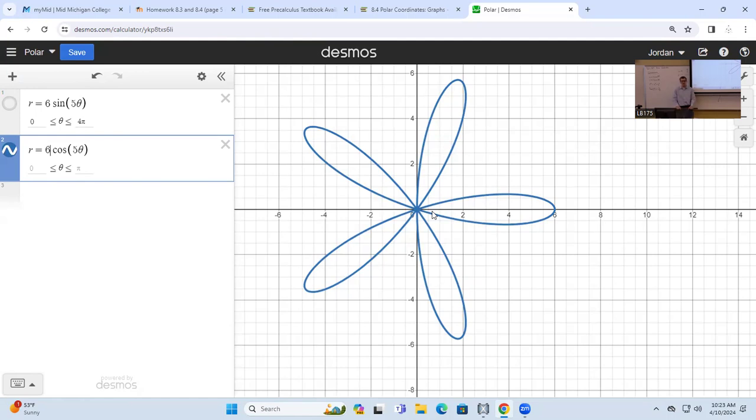And it's definitely not going to be a rectangular function because it fails the vertical line test. But in polar form, R is a function of theta. So being a function in polar form has nothing to do with the vertical line test.